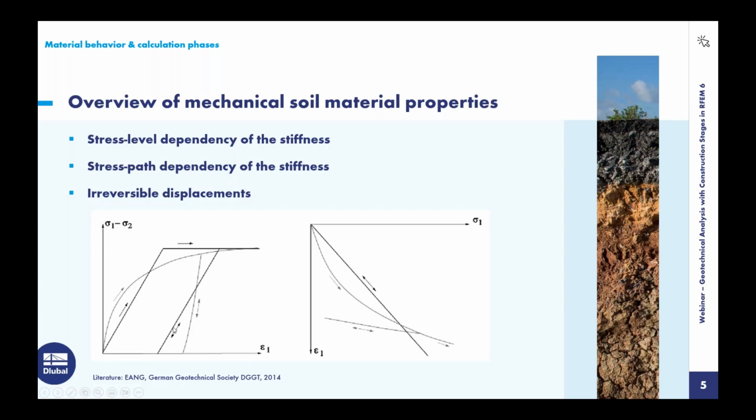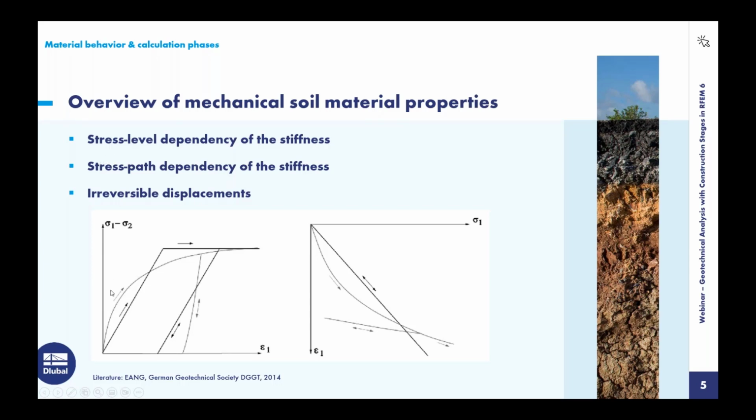On the left side, the behavior in the triaxial test is shown, on the right side in the compression test. We can see a linear elastic, perfectly plastic model like Mohr-Coulomb, and we can see an elastoplastic model like the hardening soil model. With the elastoplastic model, I want to show these properties I listed here.